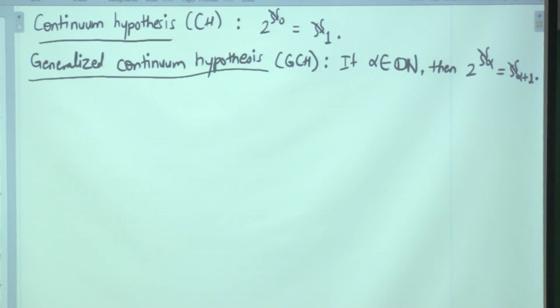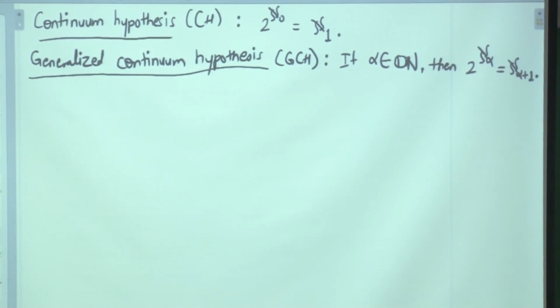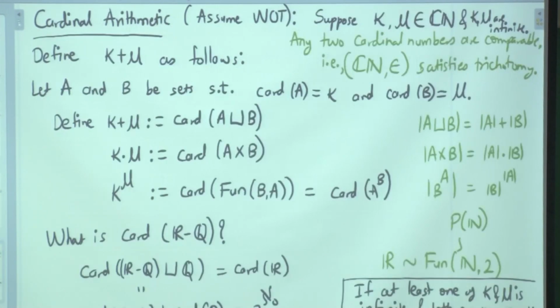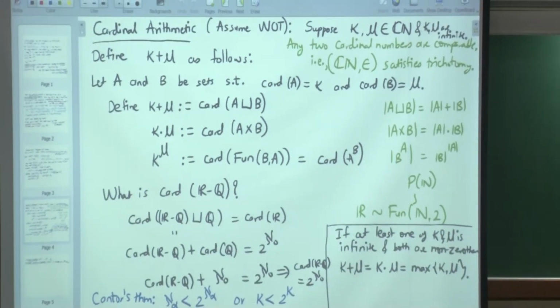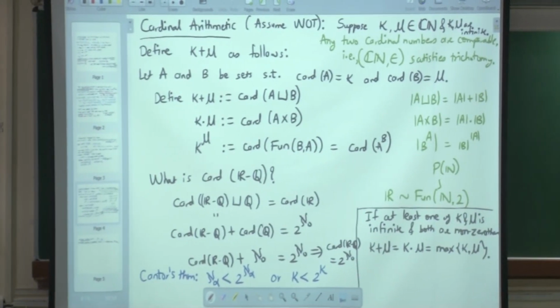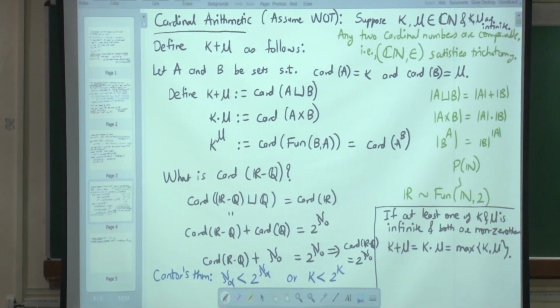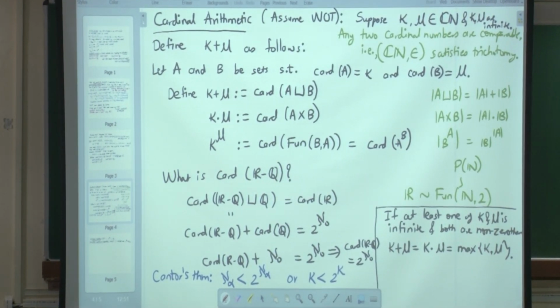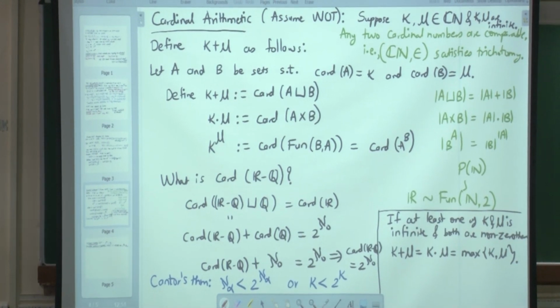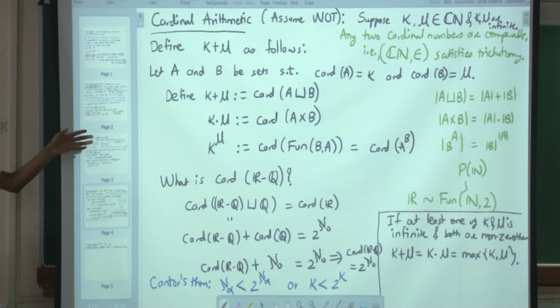Okay, one more thing before I wrap this up. If you do not assume the well ordering theorem or axiom of choice, then this green statement fails to hold. Cardinal numbers are still comparable because they are a subclass of ordinal numbers, but cardinalities are all over the place.